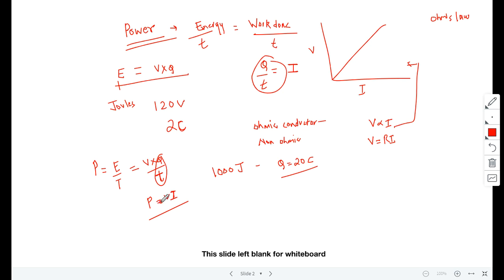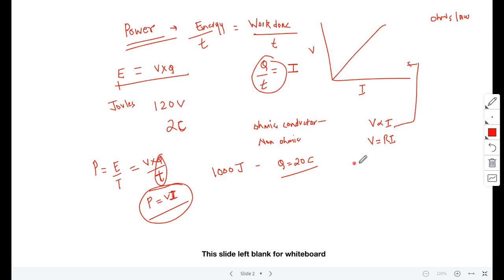Since energy transfer in an electrical circuit is voltage multiplied by charge, we replace E with V times Q divided by T, and Q divided by T is I, so we write I in place of Q over T. The formula for power in an electrical circuit is V times I. Clear? Okay, one question.